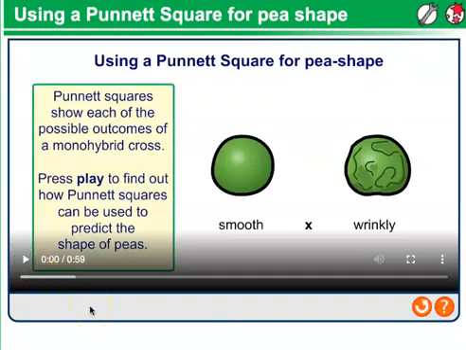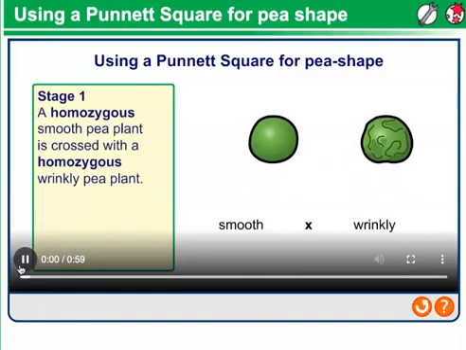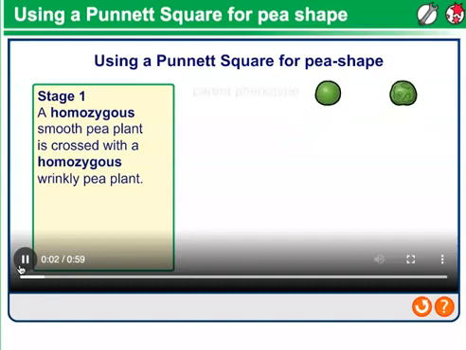So using that Punnett square, let's specifically use the example of pea shape. Punnett squares show each of the possible outcomes of a monohybrid cross. So smooth times wrinkly. Stage 1.